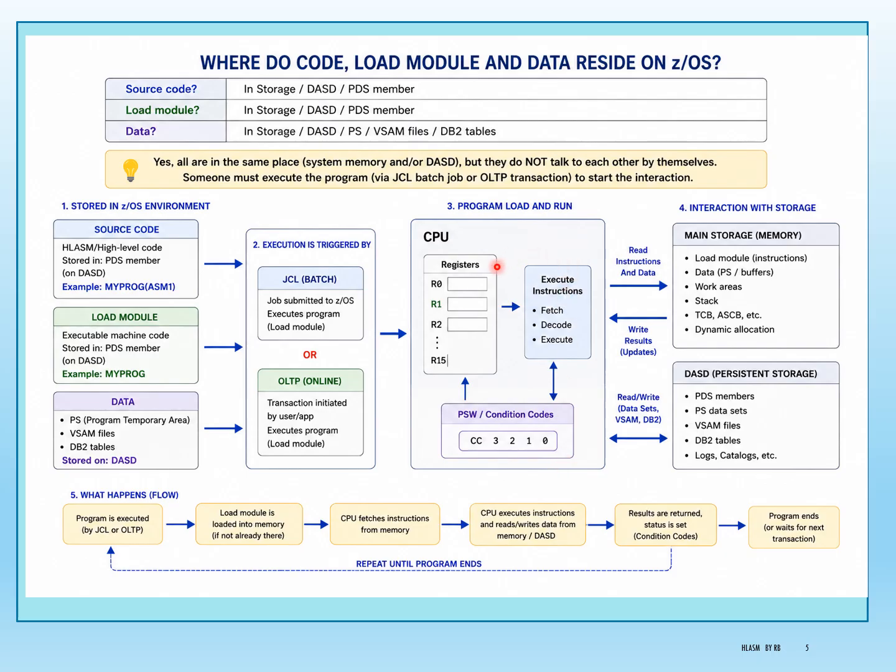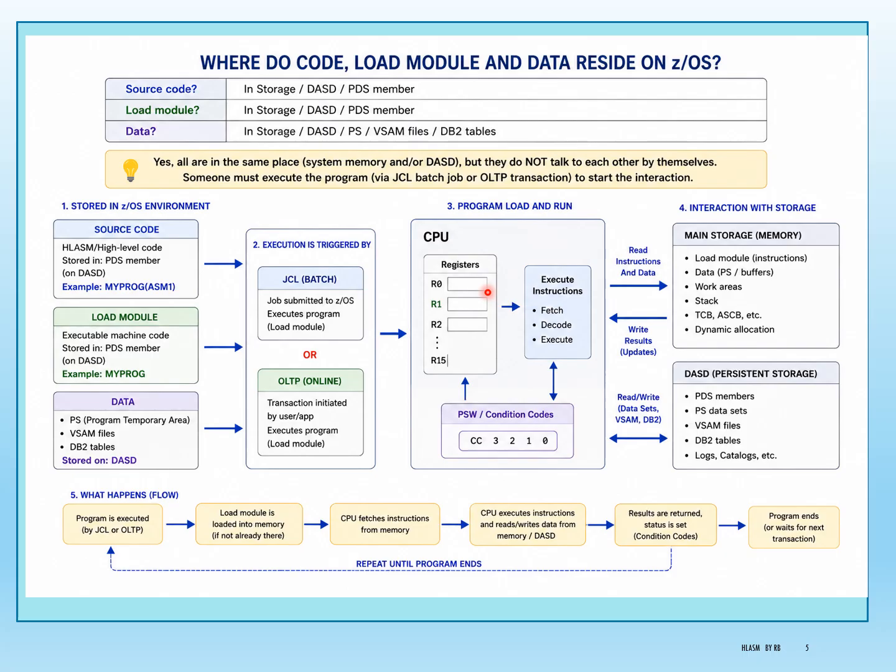And while all this is happening, it is interacting with the storage. It is talking to, of course, the load module where the instructions are. Data is there. Of course, it doesn't have to go all the way to DASD and fetch the data, because that required data always gets loaded in between. We will look into it. There are work areas and so on where the data is coming from, and data is going back to your executable program.